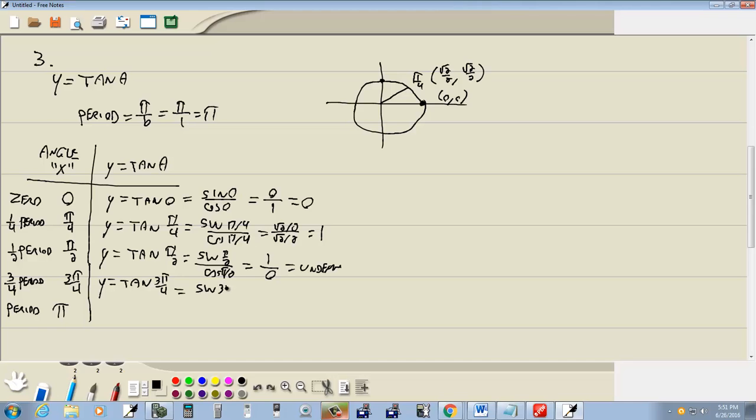And that's going to equal sine 3 pi over 4 over cosine 3 pi over 4, which is right over here, which will be negative square root of 2 over 2 and square root of 2 over 2. Now sine is going to be square root of 2 over 2, and cosine is negative square root of 2 over 2, which gives us negative 1. And then this goes back to 0 if I were to plug pi in. The idea of a period is it returns back to its original value.